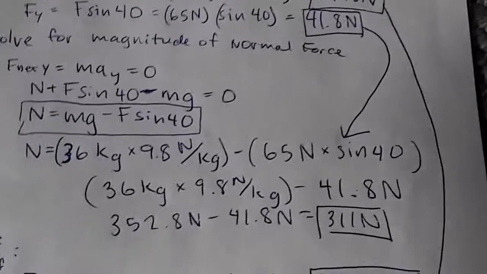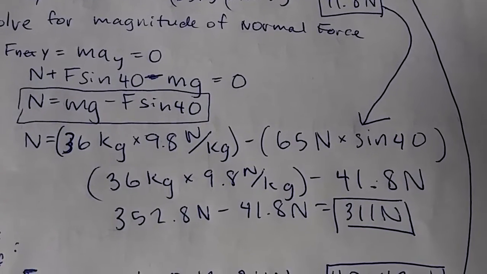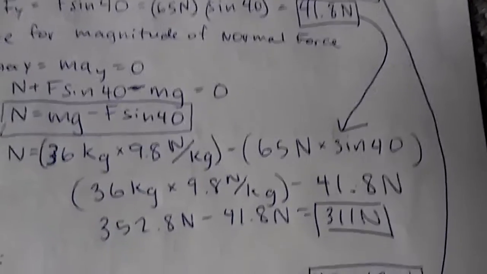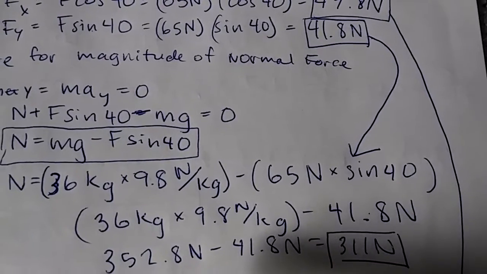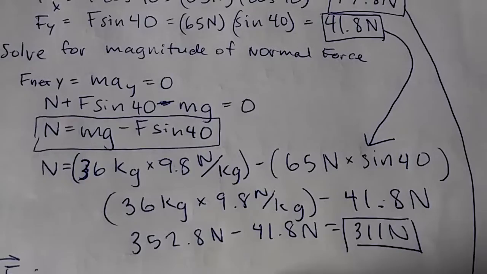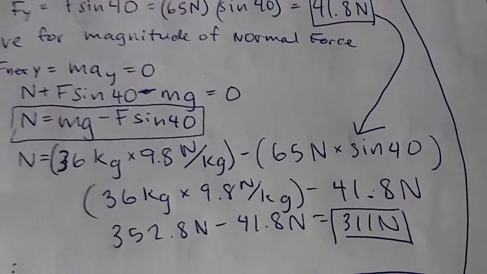So then I want to substitute in my values. mg would be 36 kilograms times 9.8 newtons per kilogram, and I want to subtract F sine 40 from that, which I already solved up here. So I'll substitute in 41.8 newtons. Subtract that from 36 times 9.8, which is 352.8 newtons, minus 41.8 newtons. So I get 311 newtons for the magnitude of the normal force.